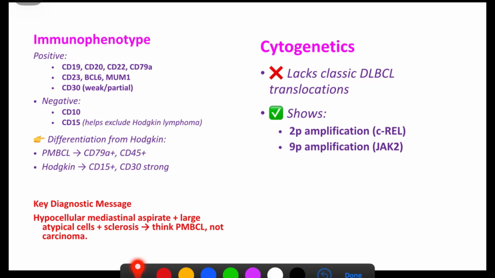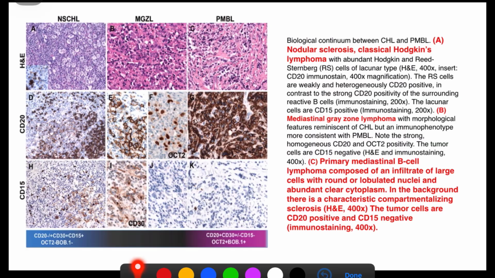In cytogenetics, it lacks classical DLBCL translocation, and shows 2p amplification, which is REL, and 9p amplification, which is JAK2. So the key diagnostic message is: whenever you see a hypocellular mediastinal aspirate, large atypical cells and sclerosis, think PMBCL, not carcinoma.